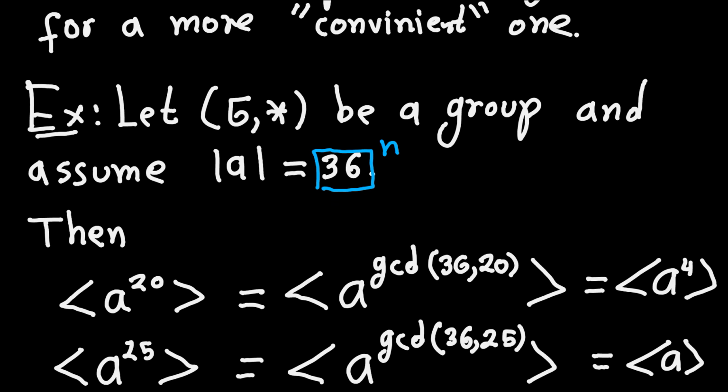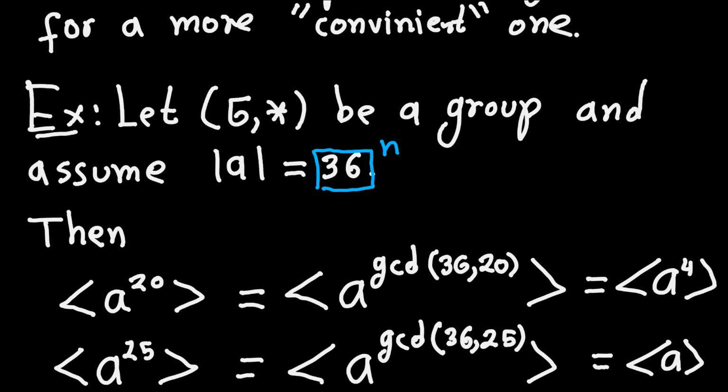Let's say you have a group and an element that has order 36. Just to think about an example of a group that has an element of order 36, it could be, for example, Z72 and then the element 2.